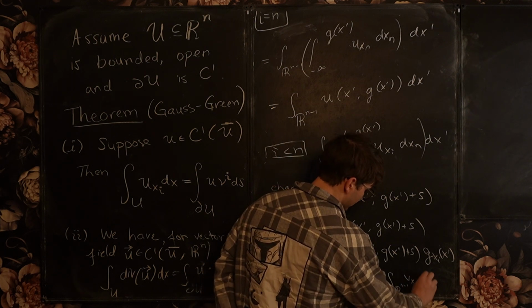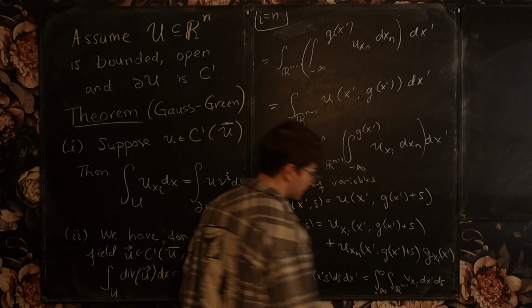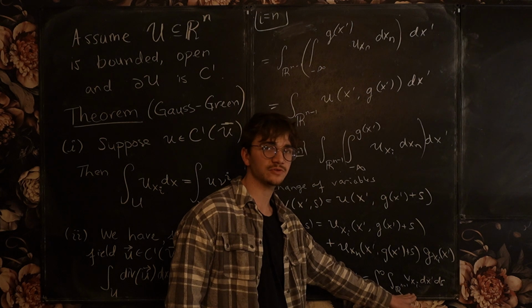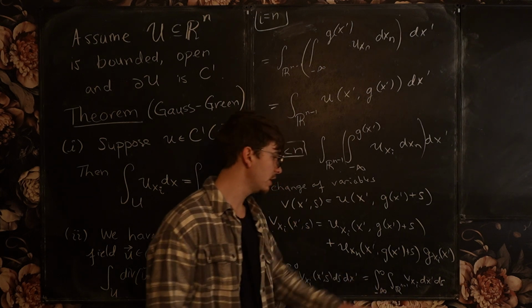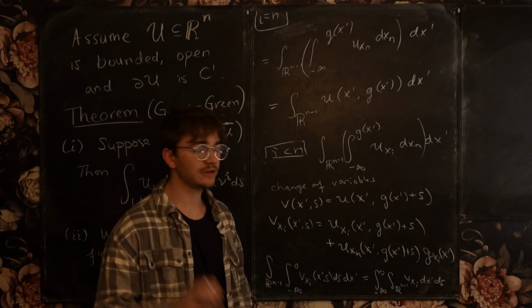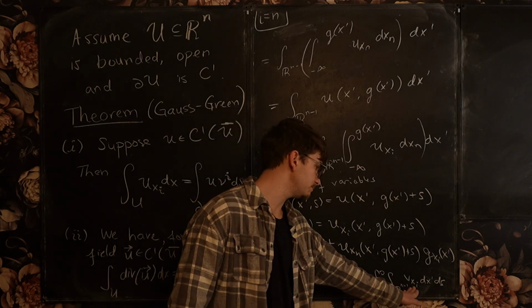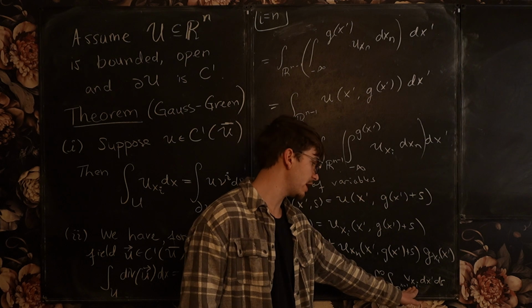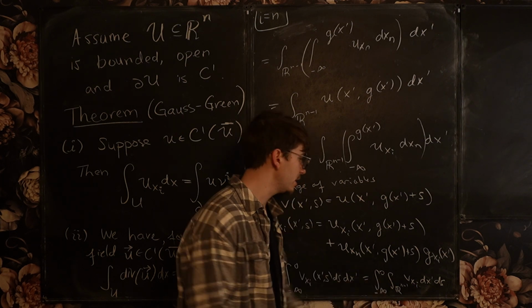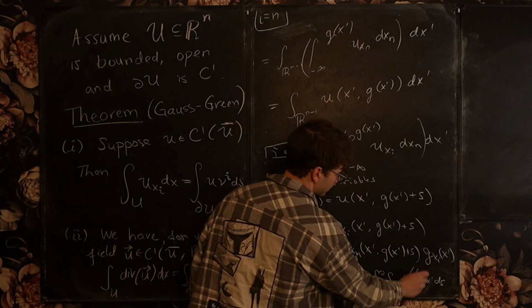And then this reduces to the previous case 1 argument, where I integrate with respect to xi from negative infinity to infinity in the xi coordinate. By the fundamental theorem of calculus, since v has compact support and vanishes at infinity, this integral is going to vanish.